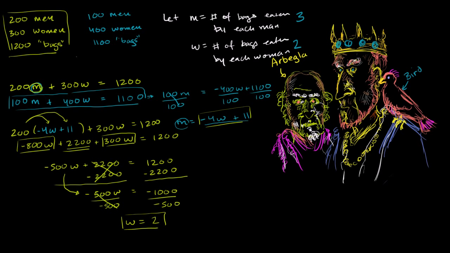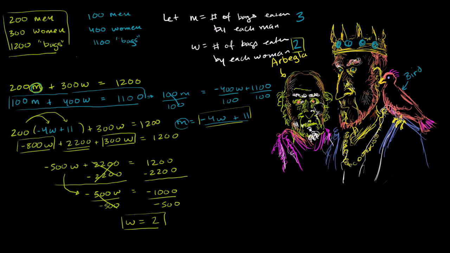Which is the exact same answer that we got when we tried to figure out how many bags of chips each woman would eat on average. When we tried to solve it with elimination, we got the exact right answer. So at least for this example, it seems like the substitution method that this bird came up with worked just as well as the elimination method that you had originally done the first time you wanted to figure out the potato chip conundrum.